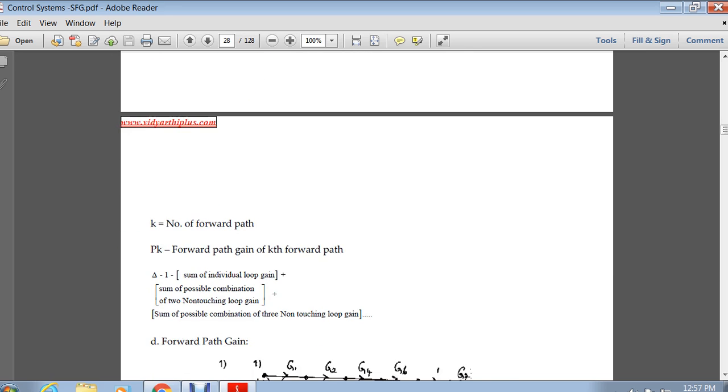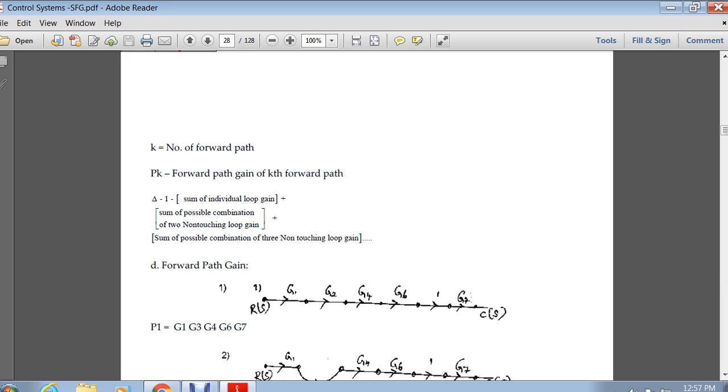Here k indicates the number of forward paths in the given system. Pk is the forward path gain of the kth forward path. Delta is equal to 1 minus the sum of individual loop gains plus the sum of possible combinations of two non-touching loop gains plus the sum of possible combinations of three non-touching loop gains.